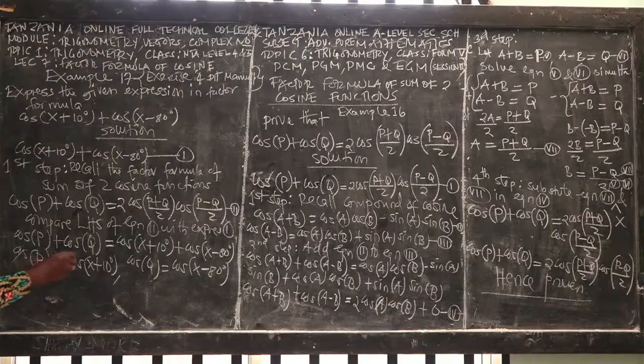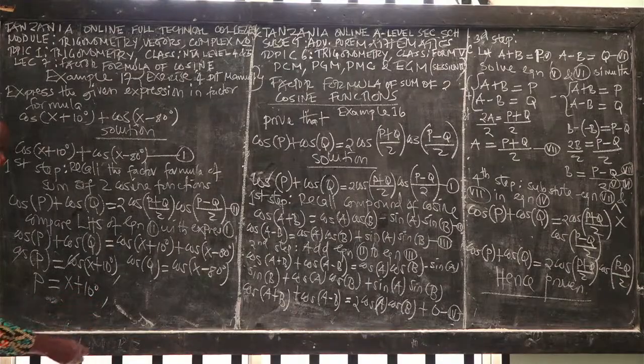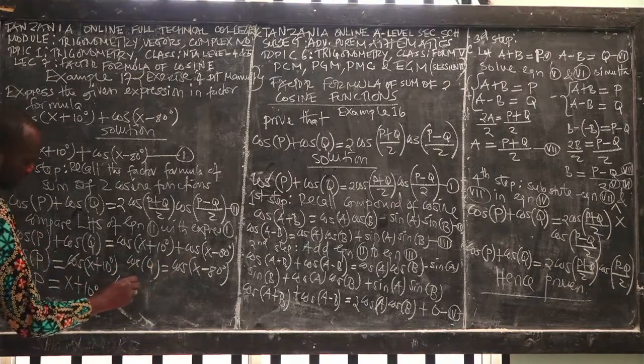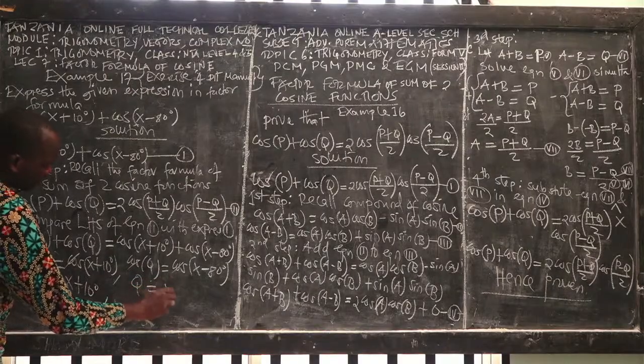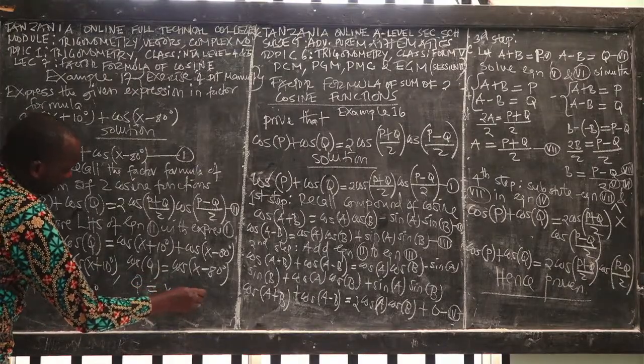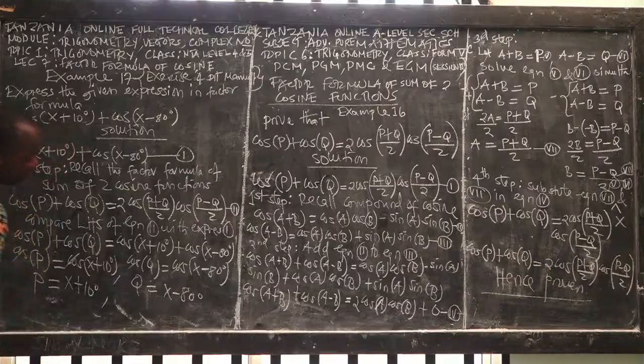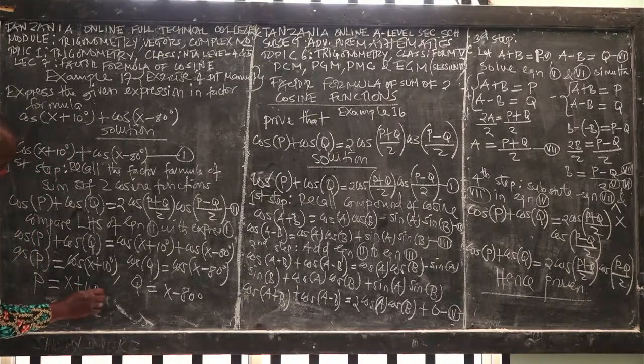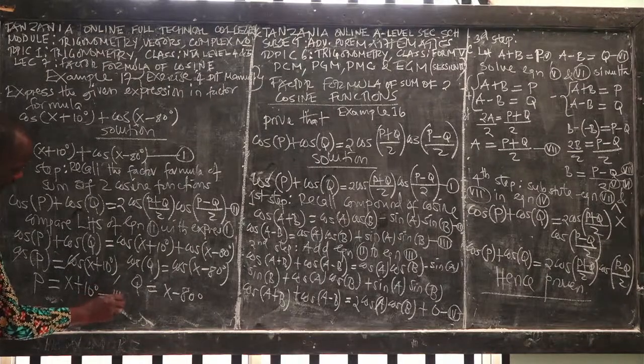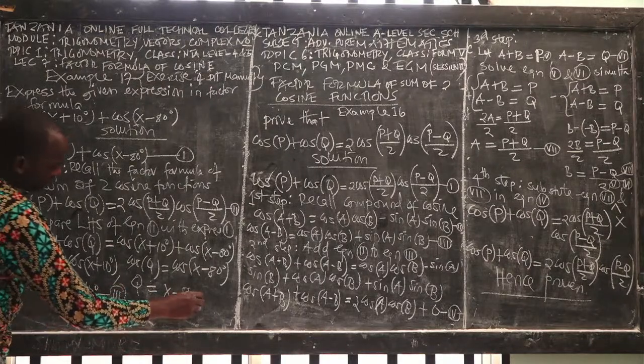So cosine cancels, P is equal to X plus 10 degree. Then cosine cancels, Q is equal to X minus 80 degree. So this will make equation 3, and also this will make equation 4.